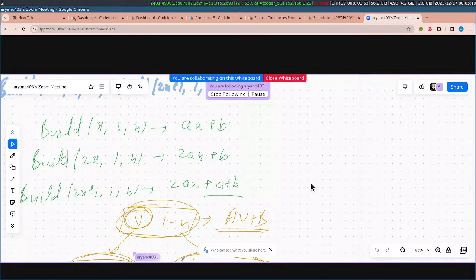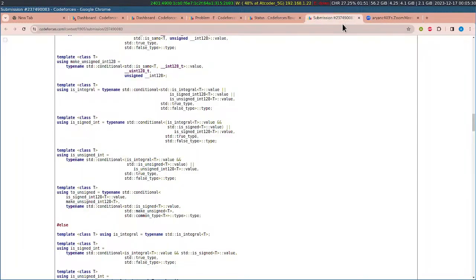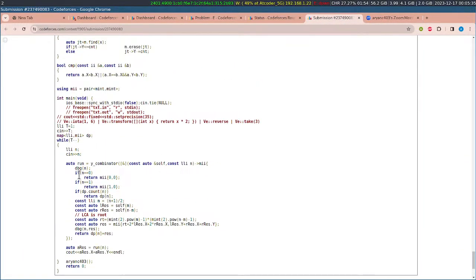So the idea was, if I know build 1 comma n, then build 2x comma 1 comma n would be 2ax, and build 2x plus 1 comma n would be 2ax plus a plus b. So I am doing the dynamic programming over here. If the number of nodes is 0, then the sum of LCAs would be 0 as well.